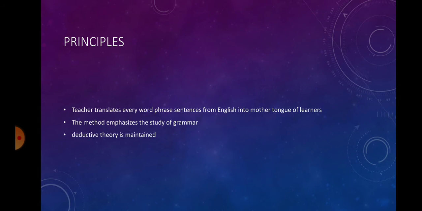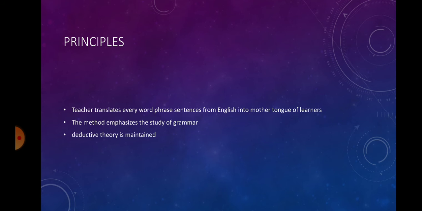Now, what are the principles of grammar translation method? The teacher here translates every word, phrase and sentence from English into the mother tongue of the learners. This method puts emphasis on the study of the grammar of the particular language, that is English here.